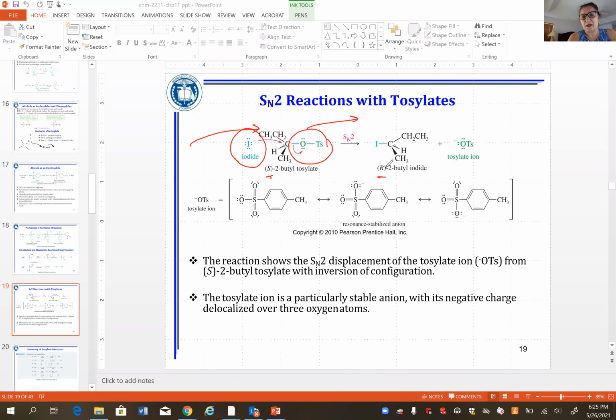So why is OTs a good leaving group? What makes a good leaving group? The stability of the group after it leaves the molecule. So if you compare Cl- with Br-, which one is the better leaving group?